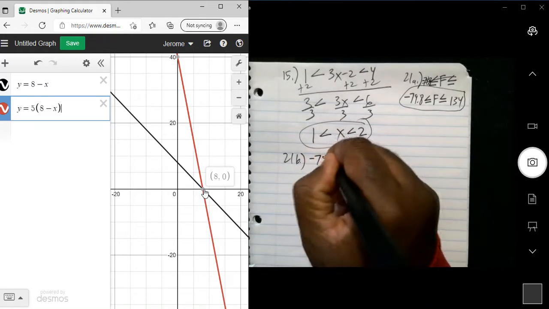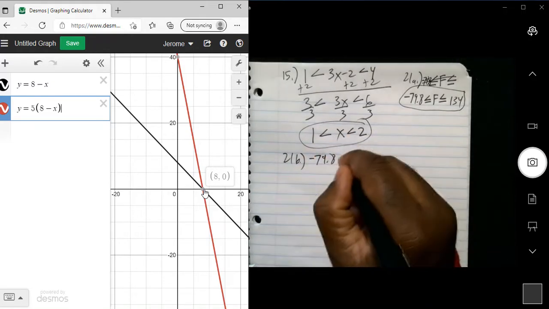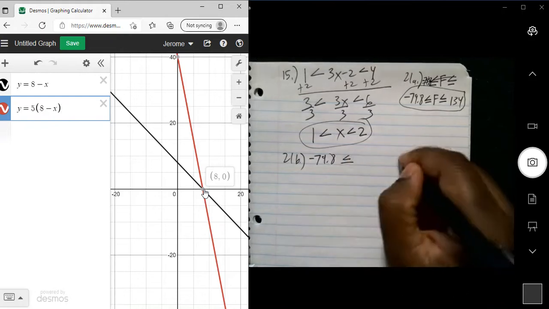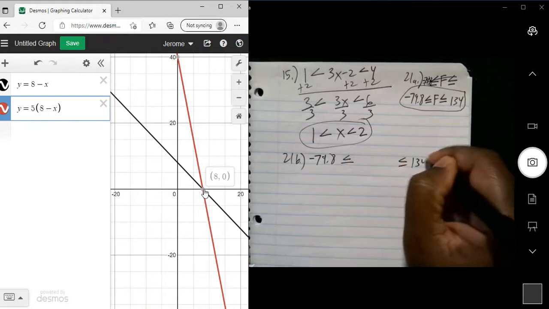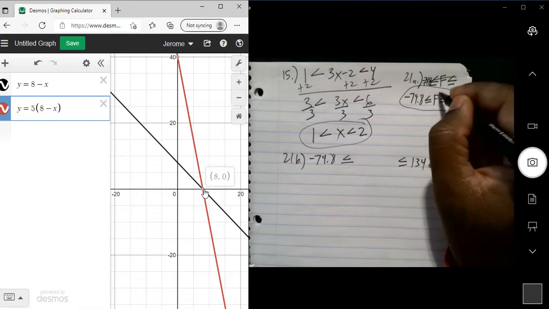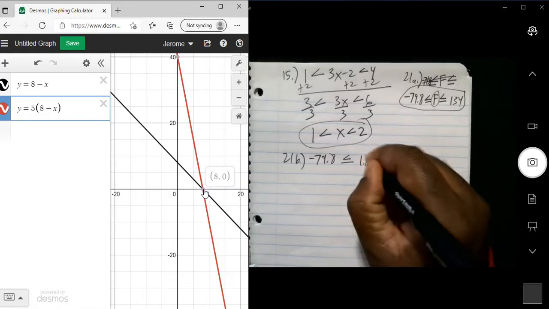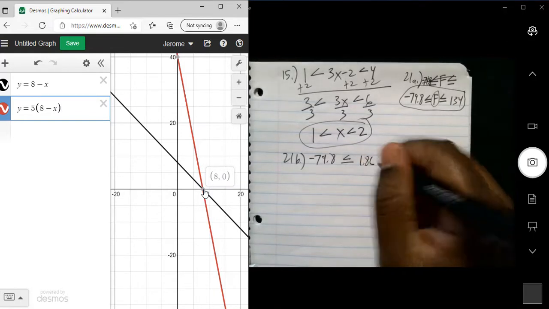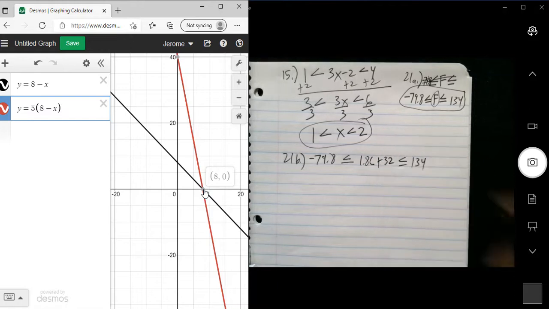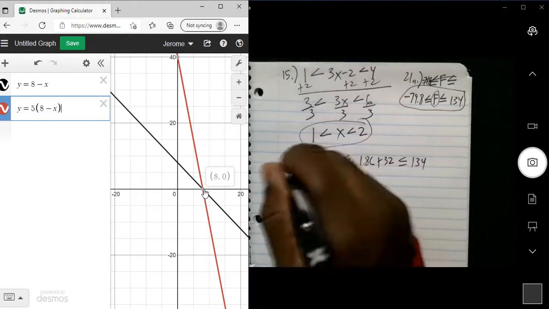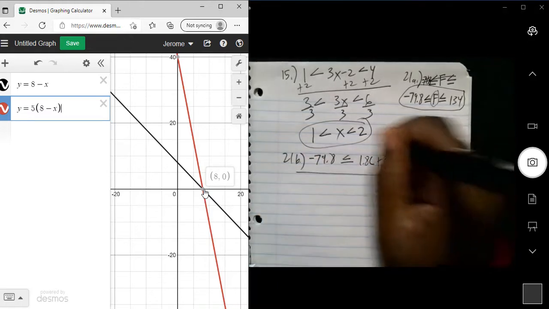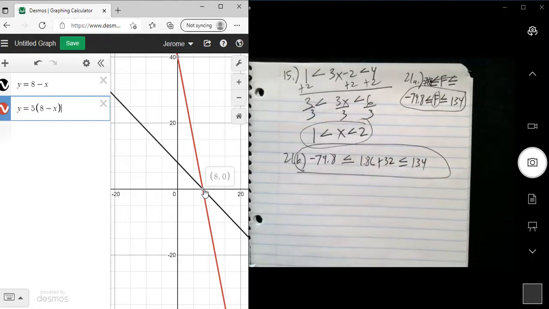We had negative 79.8 is less than or equal to F, which is less than or equal to 134. What's going to change is the F in the middle, because F is equal to 1.8 Celsius plus 32. So this would be the inequality rewritten based upon Celsius.